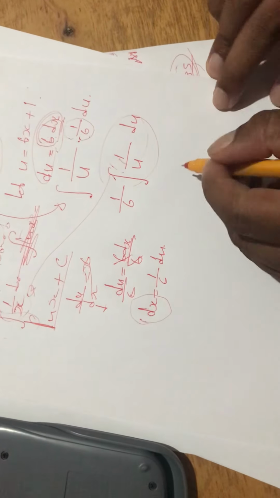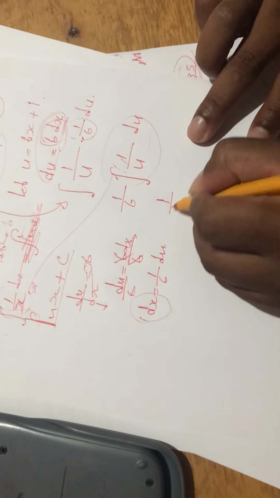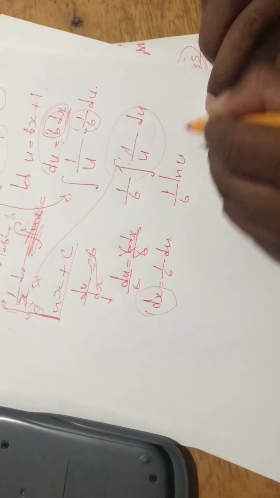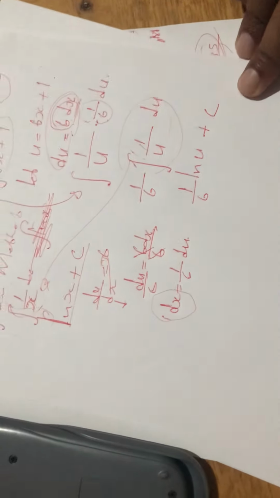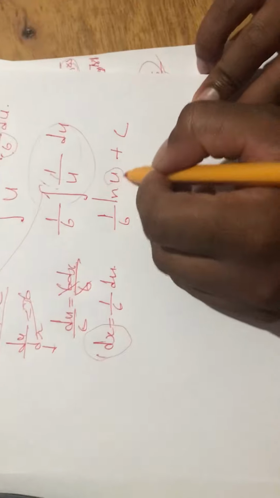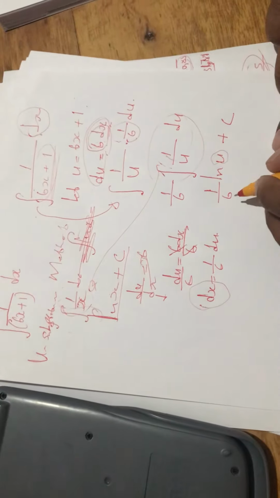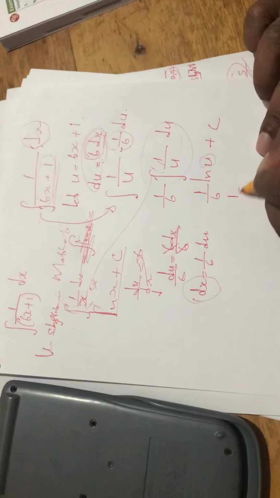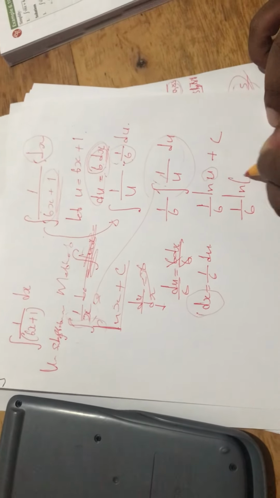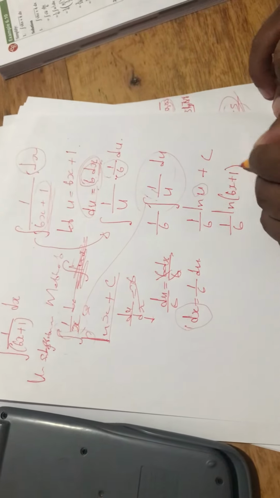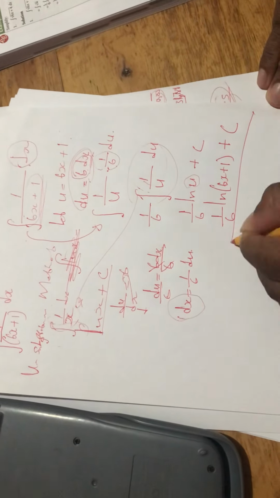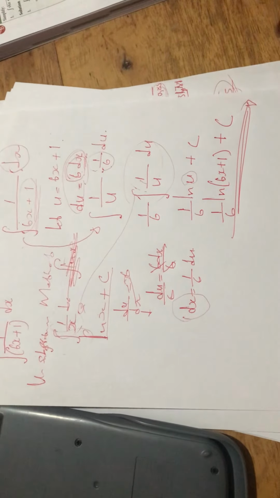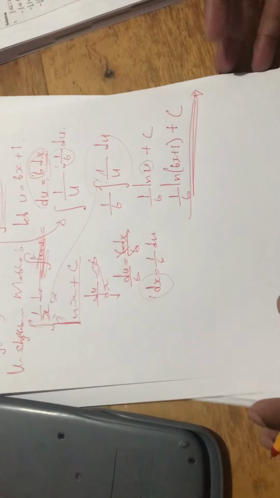So this is going to be 1 over 6 ln u plus c. Can you see it, guys? Now wherever we see u, we slot in the value of 6x plus 1. Therefore the answer is 1 over 6 ln of 6x plus 1 plus c. This is your final answer for those who like to follow the u substitution.